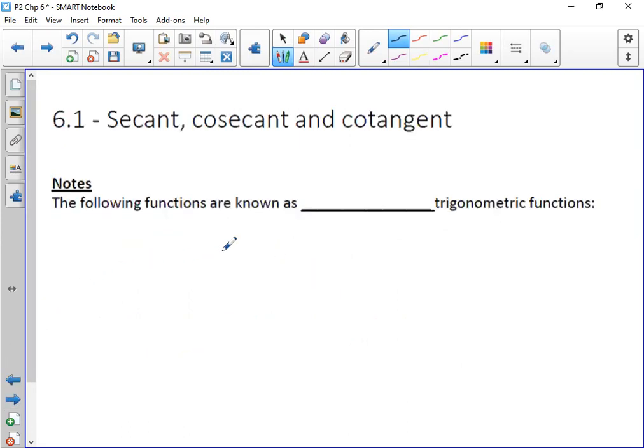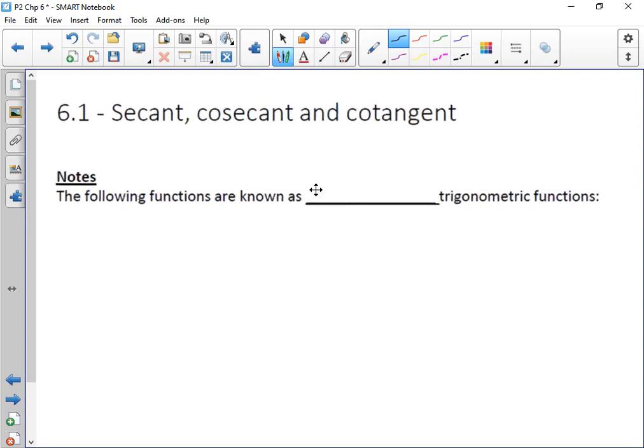All right. So 6.1, we'll look at secant, cosecant, and cotangent. The following functions are known as the reciprocal. So you should have learned this word before, reciprocal. Reciprocal means 1 over. So reciprocal trigonometric functions. So cosec x is known as 1 over sine x.